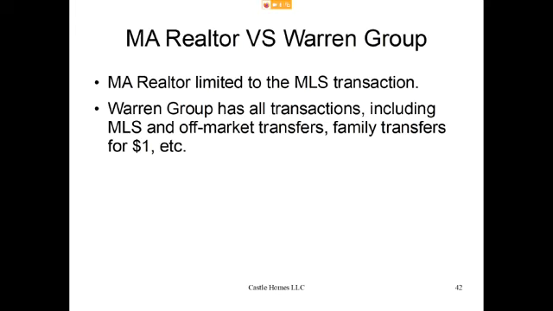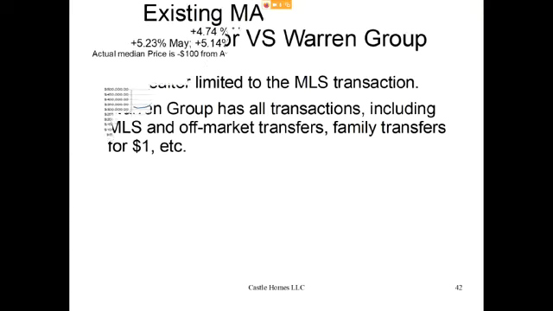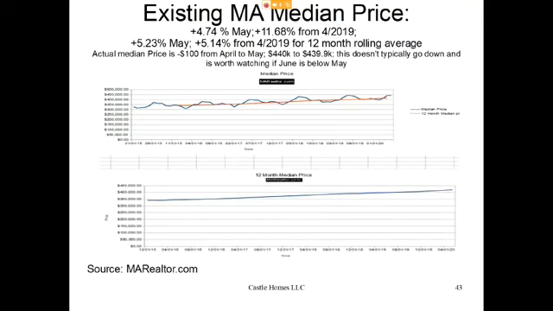So you're looking at the MLS transactions, you're looking at off-market transfers, you're looking at family transfers for $1. It's everything. Everything that gets registered is scooped up by Warren Group. So the numbers are slightly different, but the trends are essentially the same.